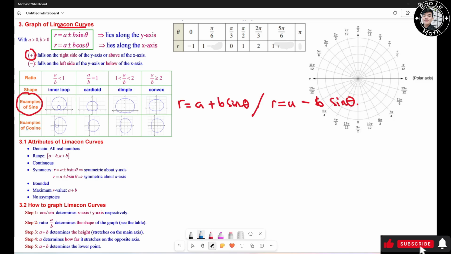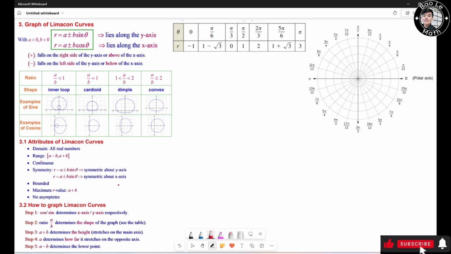Similarly, for the Limaçon curves with respect to cosine theta, if r equals a plus b cosine theta, it's going to fall on the right side of the y-axis. If r equals a minus b cosine theta, it's going to fall on the left of the y-axis. So you just reflect this one over the y-axis.